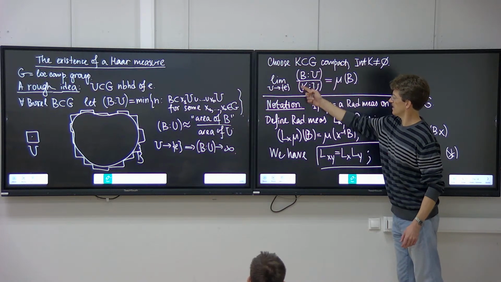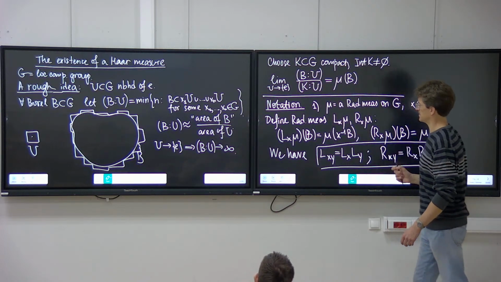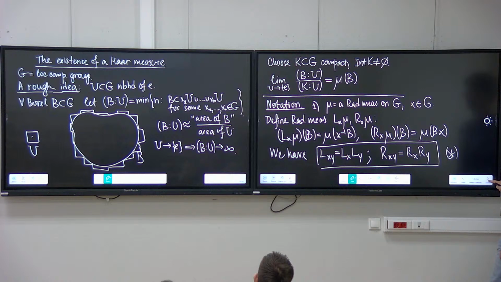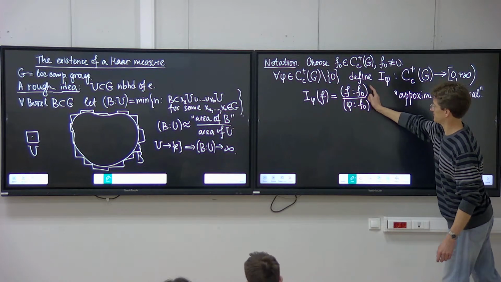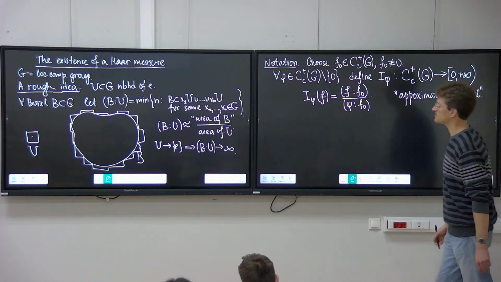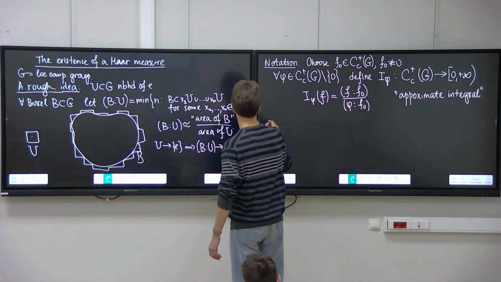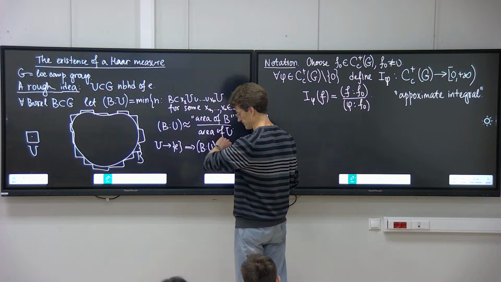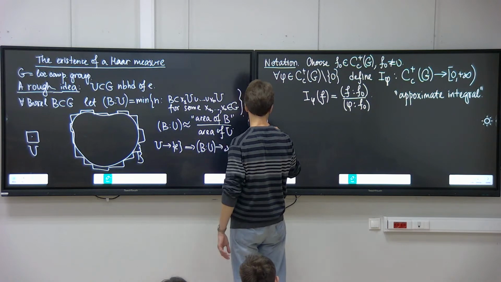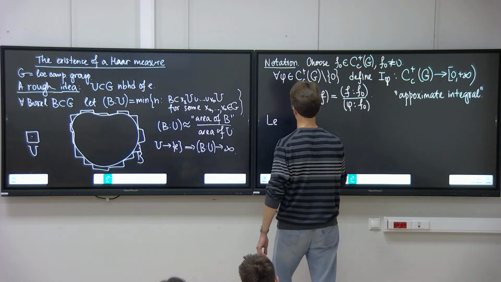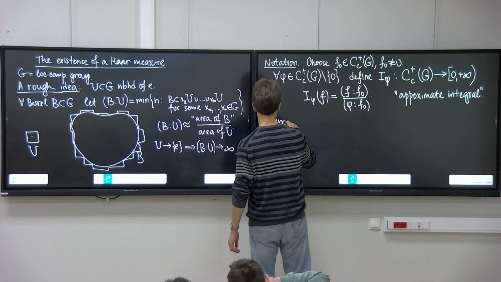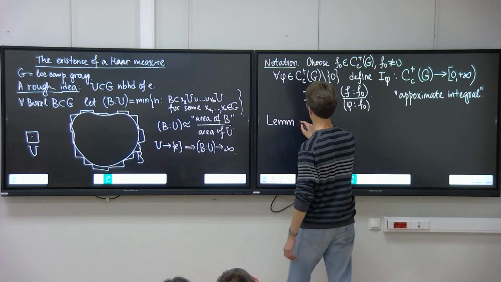So this is this number in the language of functionals. This number corresponds to this one. Okay. In conclusion, I just state some simple properties of the approximate integral. And the end of the construction will be given at the next lecture.